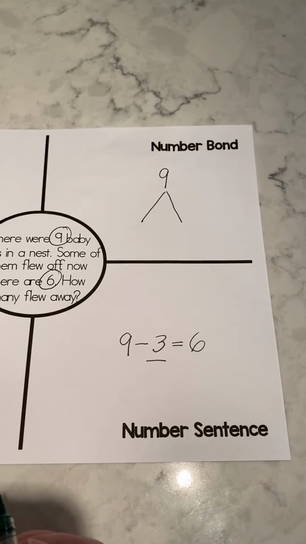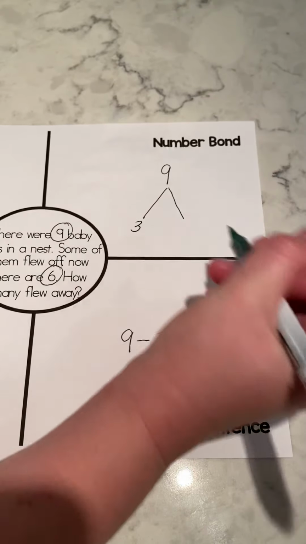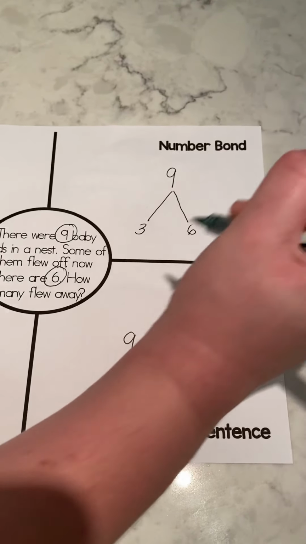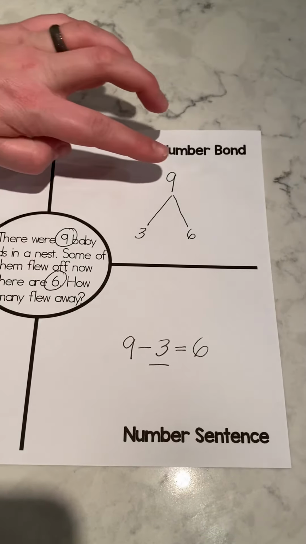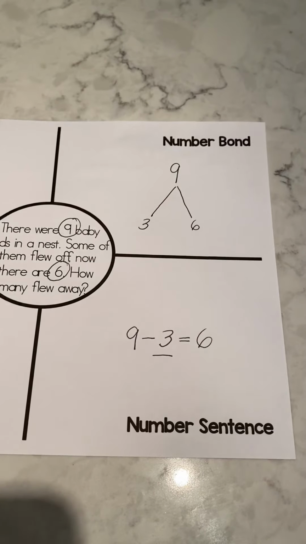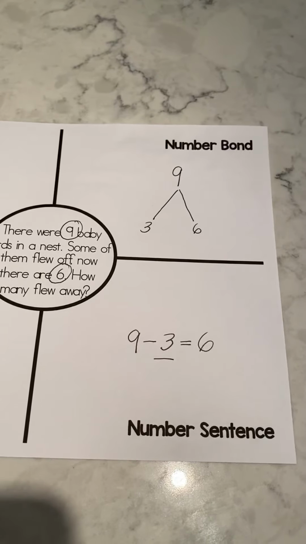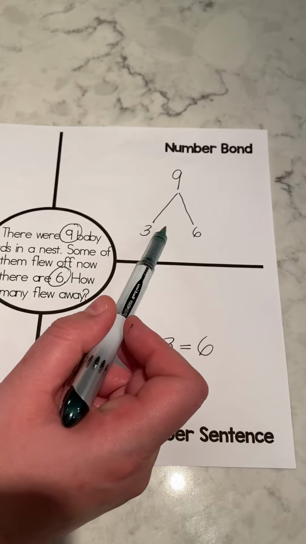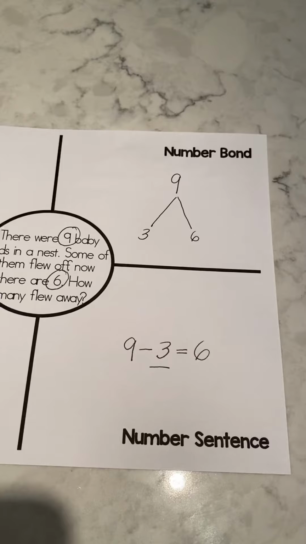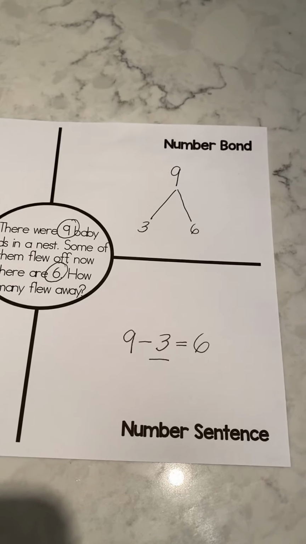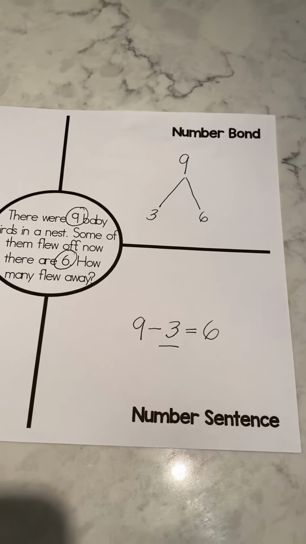And down at the bottom of my mountain is 3 and 6. The way that I look at this is 9 minus 6 equals 3, or I could do 9 minus 3 equals 6. And then when we're doing addition, I'm looking at it as 3 plus 6 equals 9. Okay, so I have my picture, my number sentence, and my number bond or math mountain.